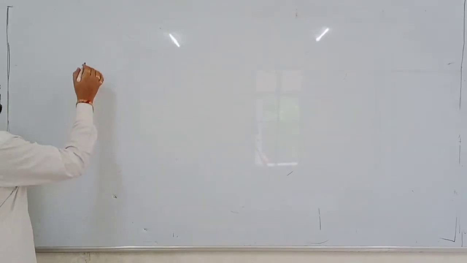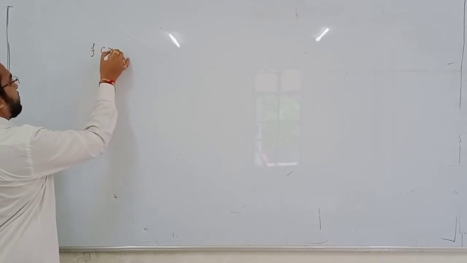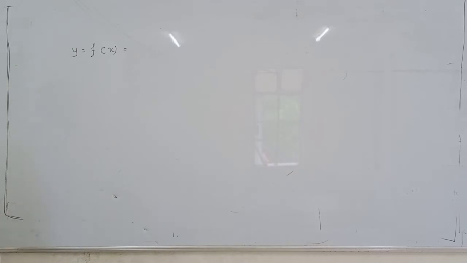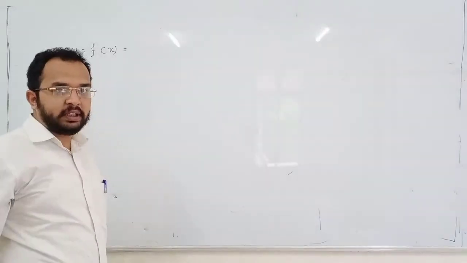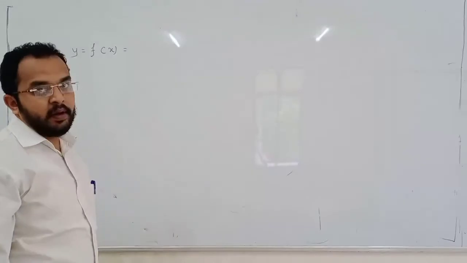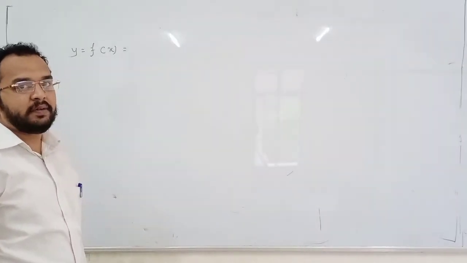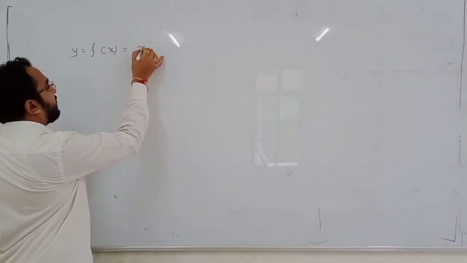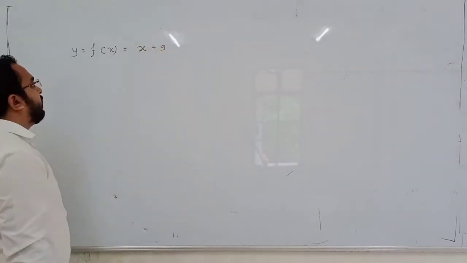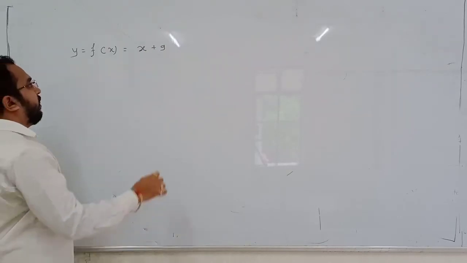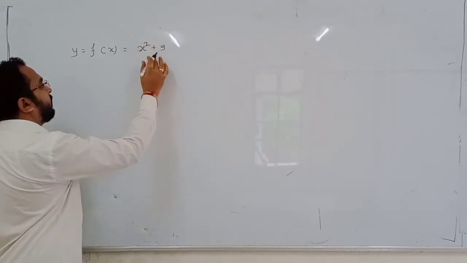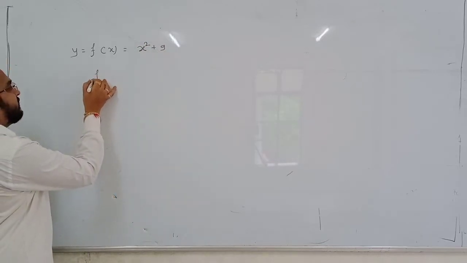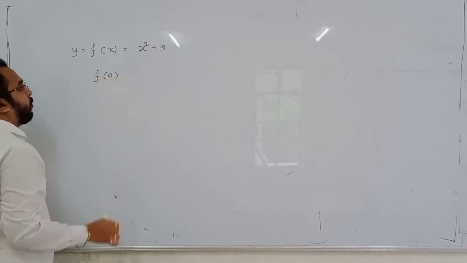Next we will see, suppose f of x, that is y. We saw f of x as y in functions in the beginning. y is a function of x, meaning as the values of x change, we are getting different values of y. So for example, if f of x is x square plus 9, then tell me what is meant by f of 0.